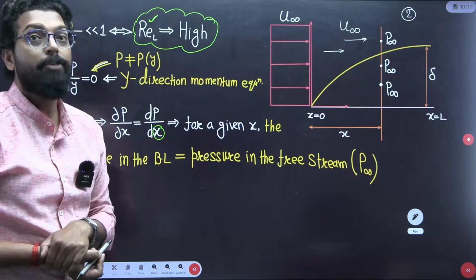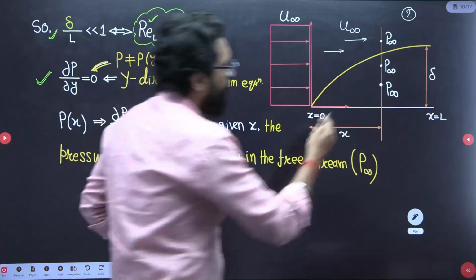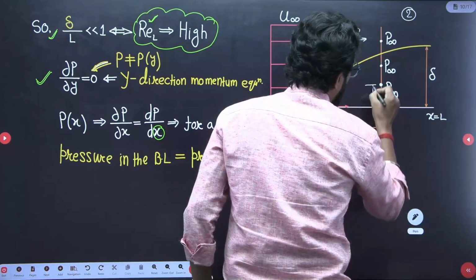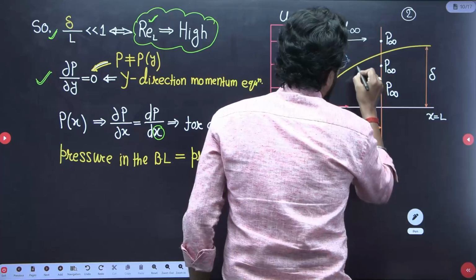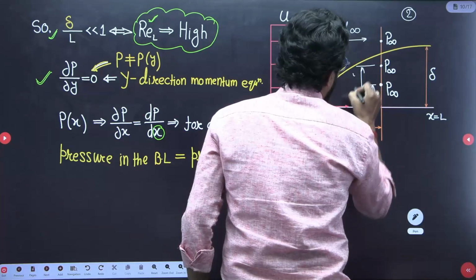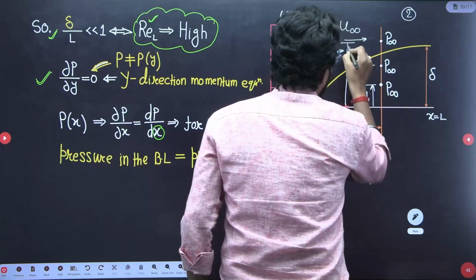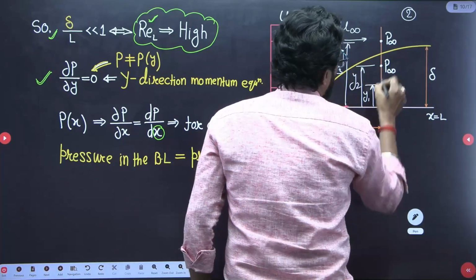Why? Because pressure is not a function of Y. If you take any Y1, Y2 or Y3 value from the plate, it is not varying.